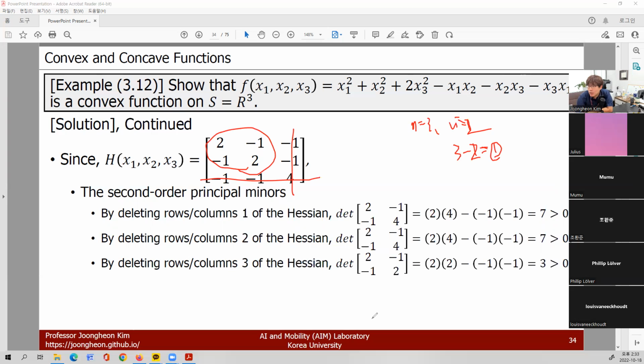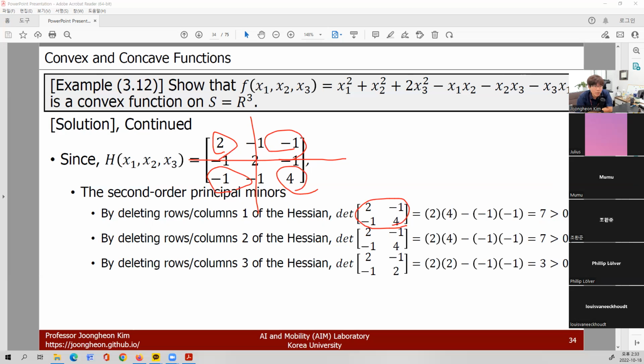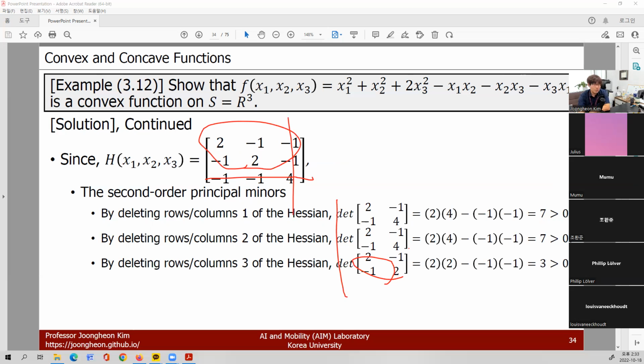Then you calculate the determinant of this one. Or you delete the second row and column, and you get 2, -1, -1, and 4. Or you delete the third row and column, and you only have this one. Okay, then you have these 3 submatrices.